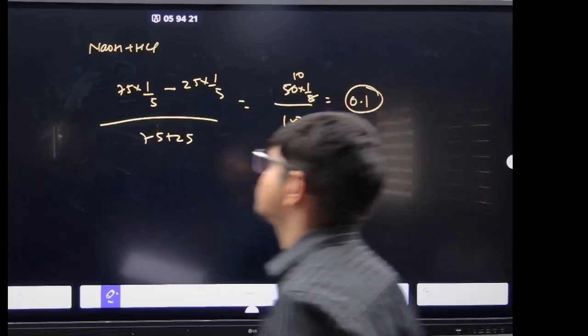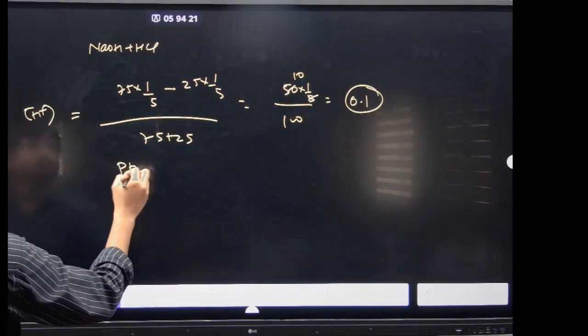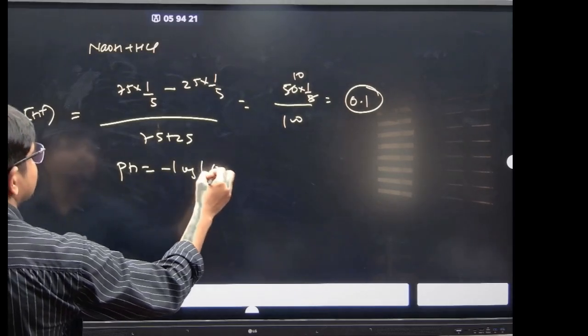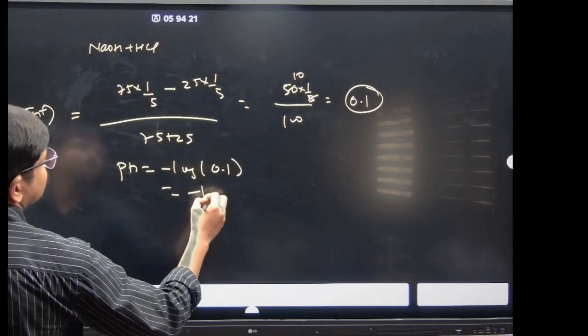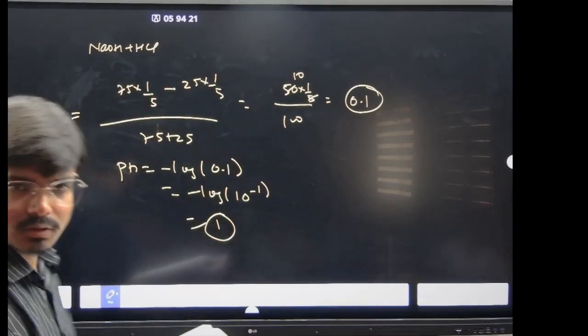So the concentration of H plus is equal to. Got it?